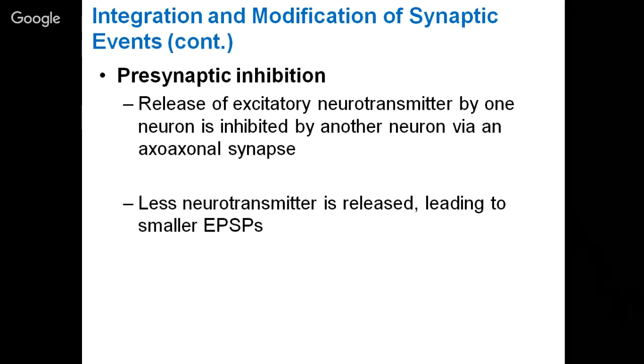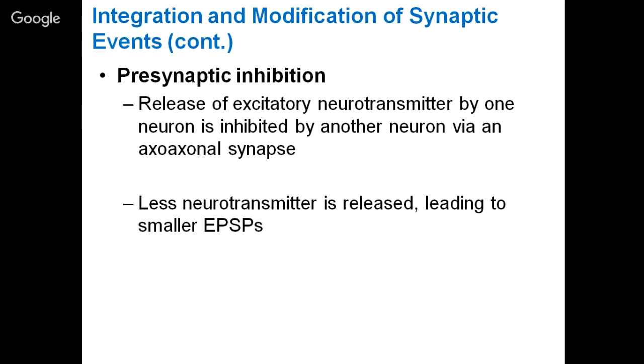The presynaptic inhibition: the release of the excitatory neurotransmitter by one neuron is inhibited by another neuron via an axo-axonal synapse. You have seen the axo-axonal synapses in the presynaptic inhibition.